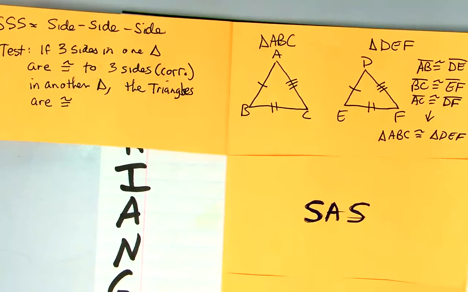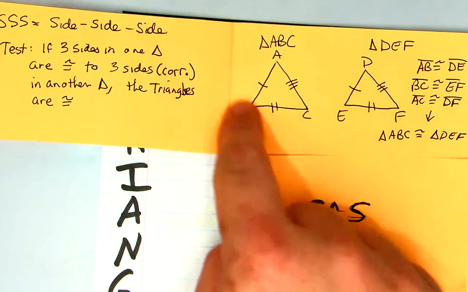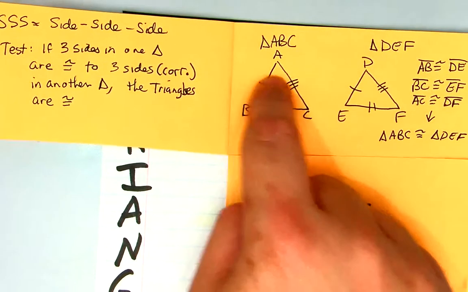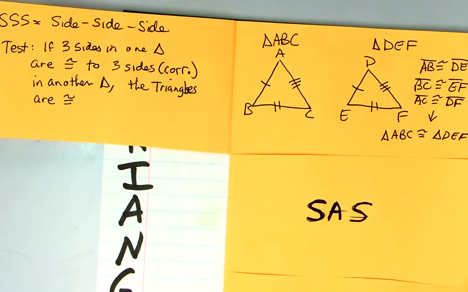And we don't need to know anything at all about the angles. We know that the sides are congruent. The relationship between the sides and the angles are bound together so tightly that as soon as we get the three sides corresponding to these three sides, the angles are going to be equal to each other.